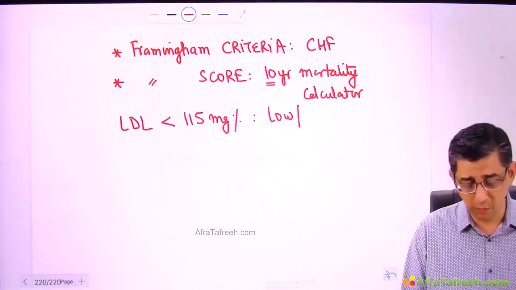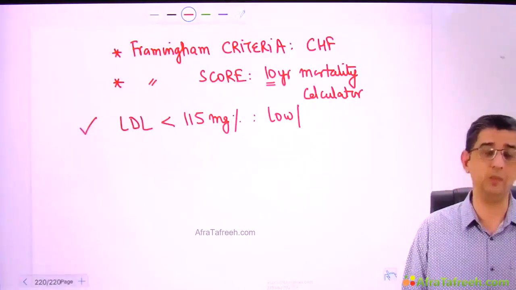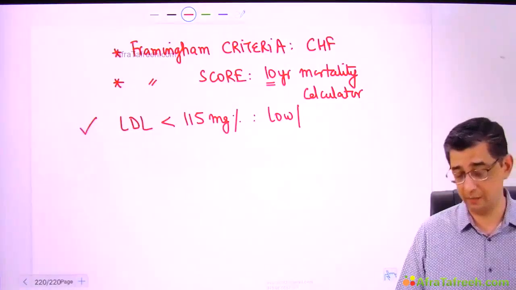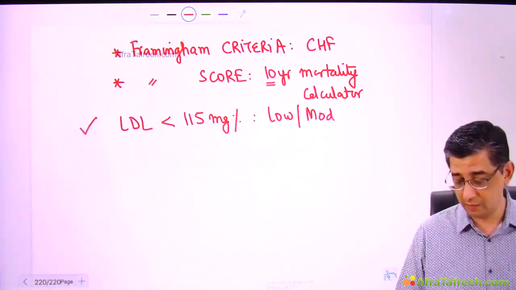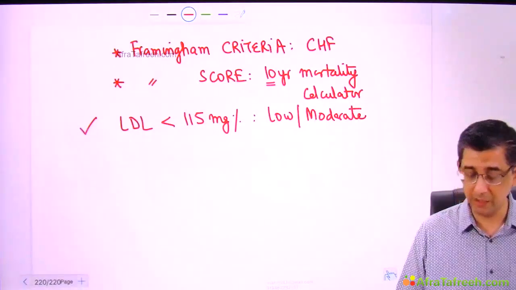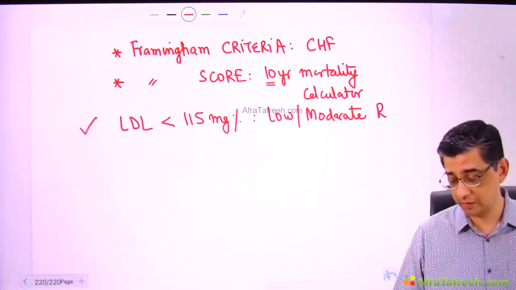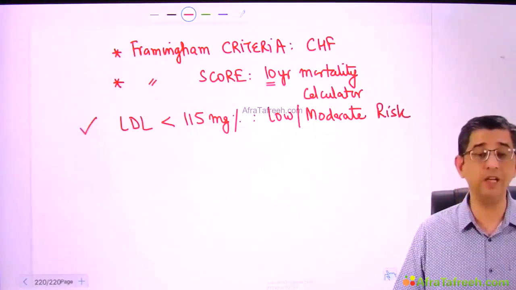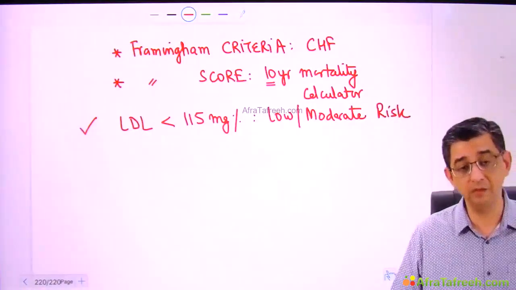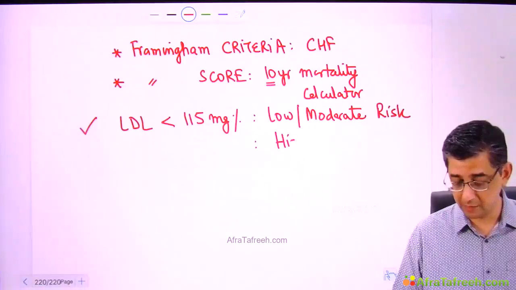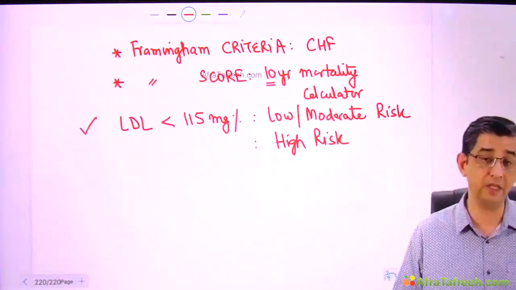So usually, most of the time, every year they keep on modulating this data. And that is why I thought I'd introduce this slight update here as well, that for a person with the Framingham 10-year mortality calculator, if it turns out to be low to moderate risk, then the target value that you need to obtain is less than 115. But if a person is a high risk patient, an example of a high risk patient can be someone having a family history of coronary artery disease who is a smoker as well.